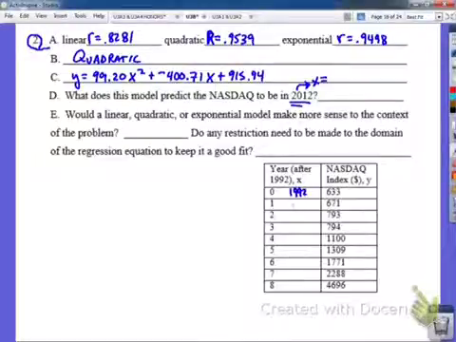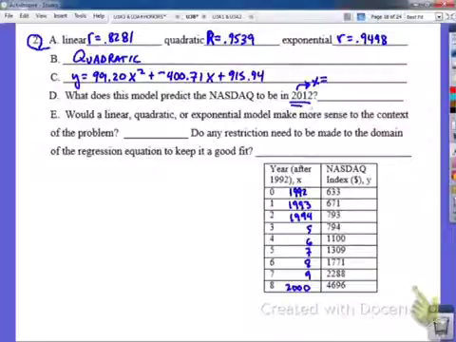And then X equals 1 is 1993, 1994, and so forth. So 95, 96, 97, 98, 99, and this 8, the 8th year, would actually be the year 2000. So if we want to keep going, we're talking about 2012.